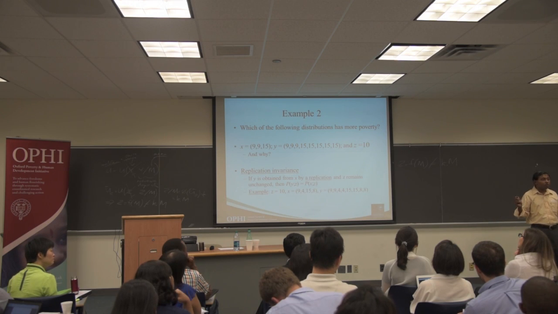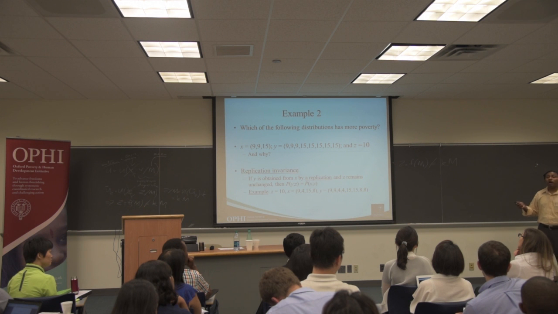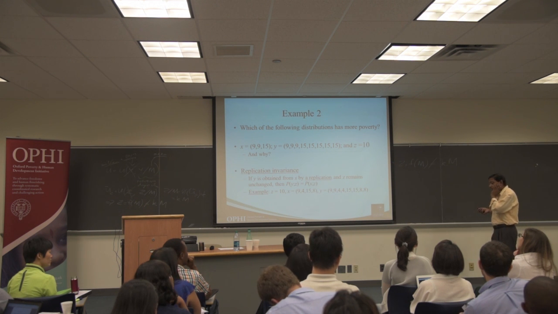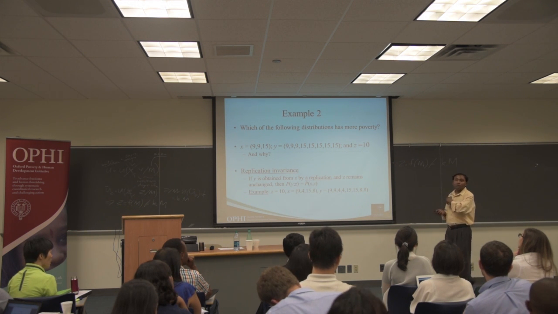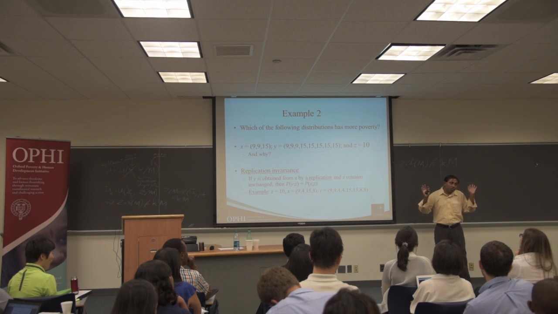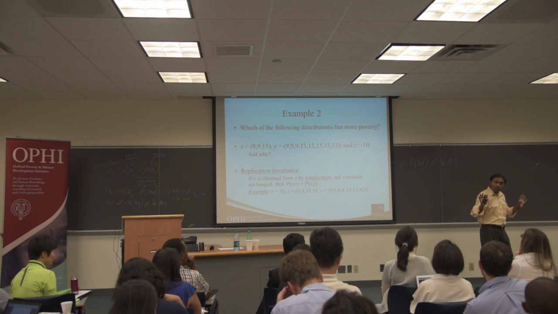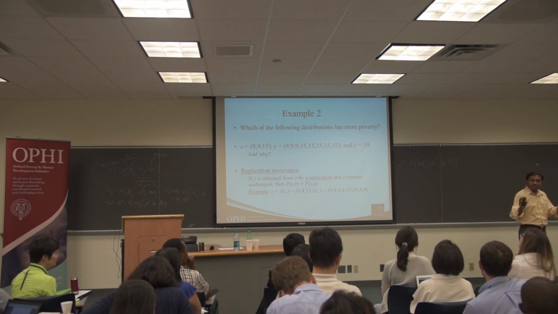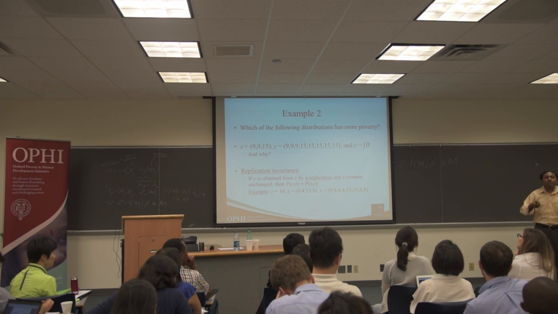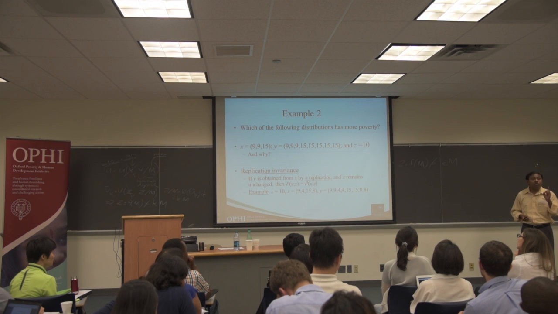But one may argue, you know what, a society where there are more poor, it doesn't matter where they live, could have more poverty. If you argue in that direction, you have to adapt your measure. You will not be using head count ratio, rather you will be using head count as your measure.